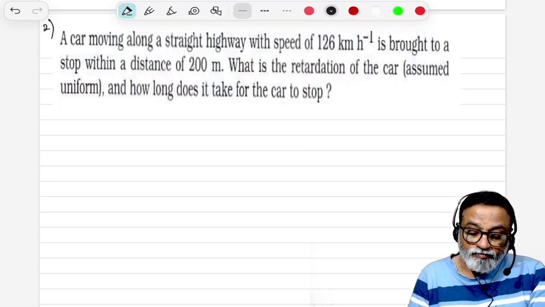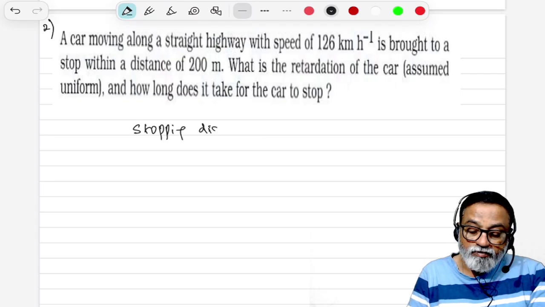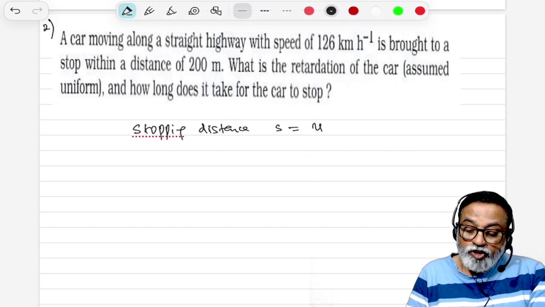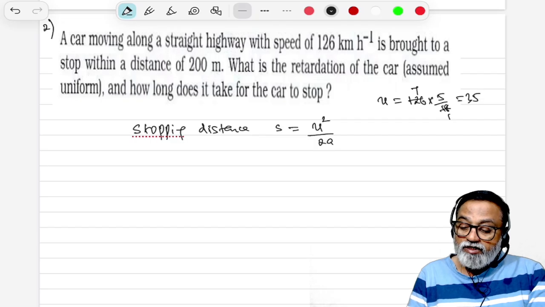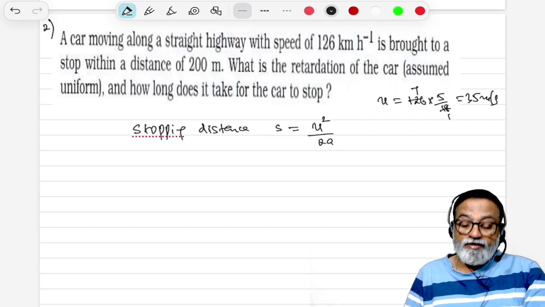See here, stopping distance S is equal to U square by 2A. Here U is equal to 126 km per hour, 126 into 5 by 18, which is 35 meter per second.